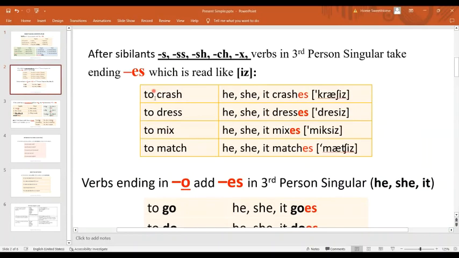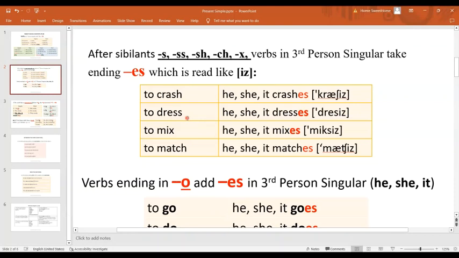Pronouns, right? When the verb ends in s, double s, sh, or ch, or x, in third person singular, the verbs take suffix es instead of one s, because if we add another s to double s or one s, it will not look good, and we wouldn't be able to pronounce it.